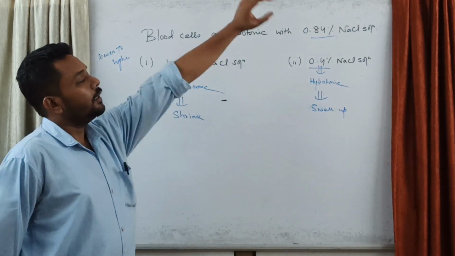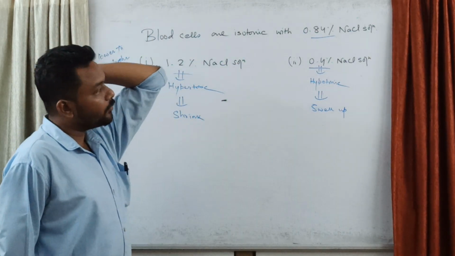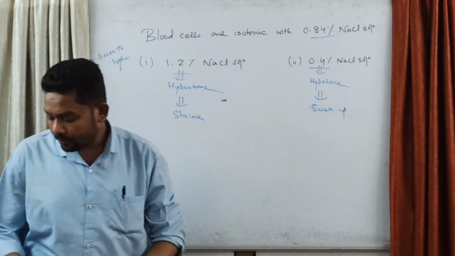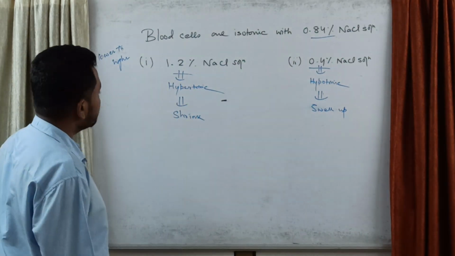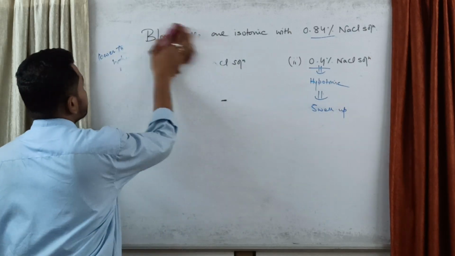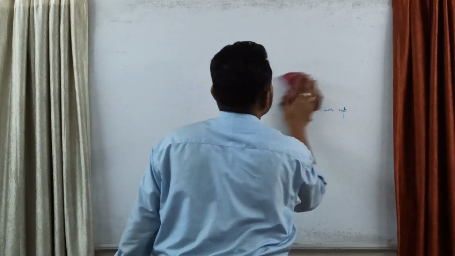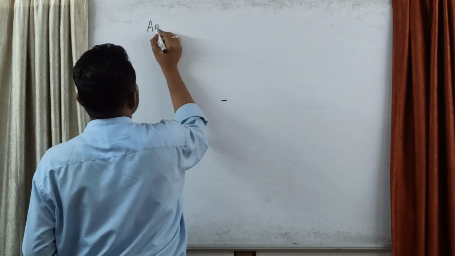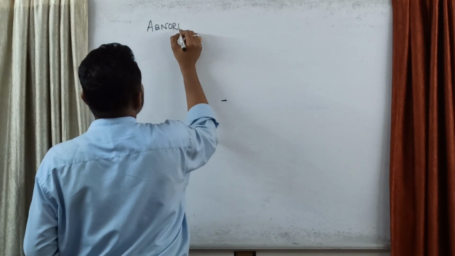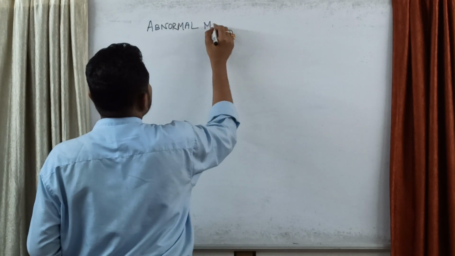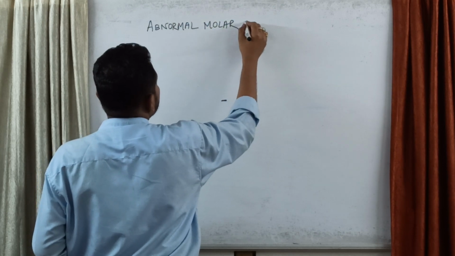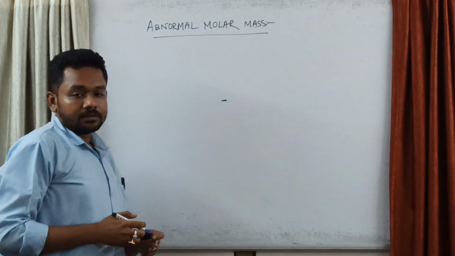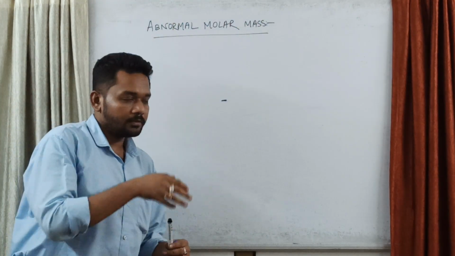Is it clear? Now after completion of osmotic pressure, we need to concentrate on abnormal molar mass. Make a heading: abnormal molar mass. Let's try to think what is abnormal molar mass.